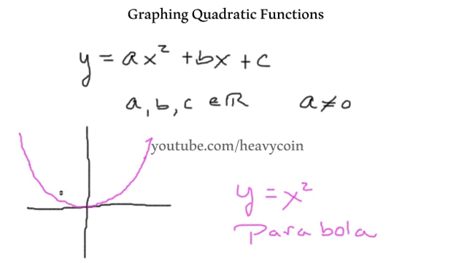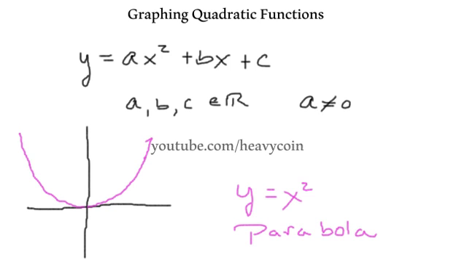Now you notice there's some symmetry going on here. The vertical axis of this parabola happens to be the y-axis, and so it's symmetric about the y-axis. In other words, this side of the curve here is a mirror image of what's going on in quadrant 2. So quadrant 1 is a mirror image of quadrant 2, and quadrant 2 is a mirror image of quadrant 1.